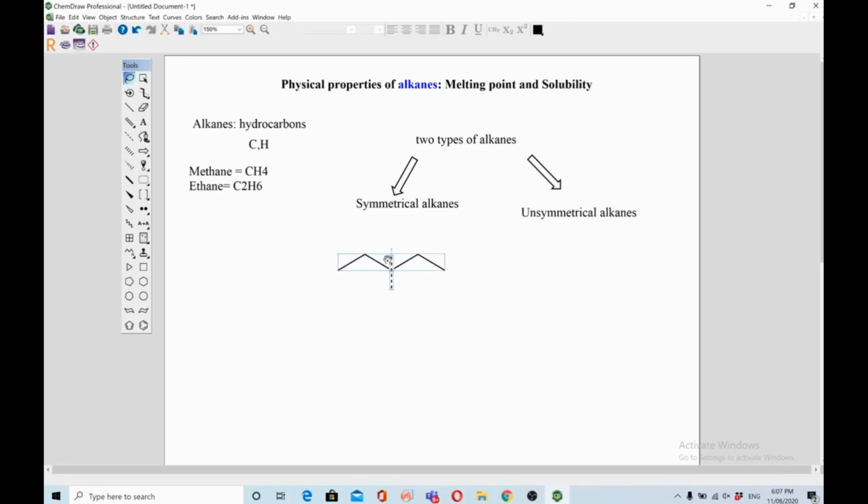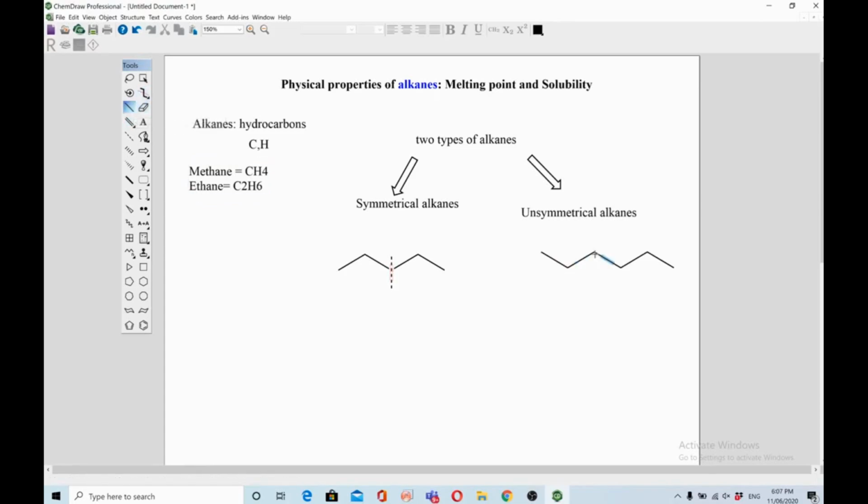If you want an unsymmetrical alkane, then if you cut it in half, you will see that one half is different from the other half. For example, this is an example of an unsymmetrical alkane. If you cut it from here, you can have a plane of symmetry, but if you cut it from here, it doesn't have any plane of symmetry.